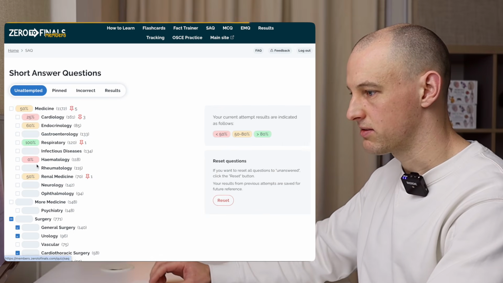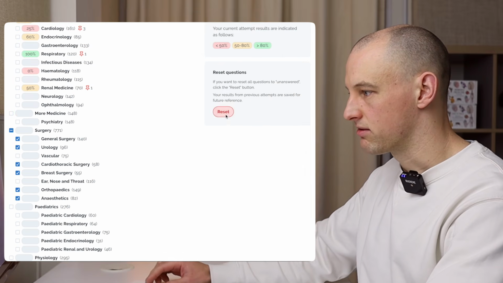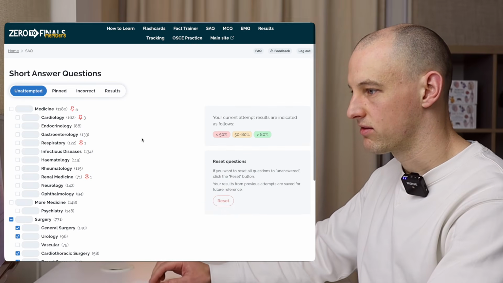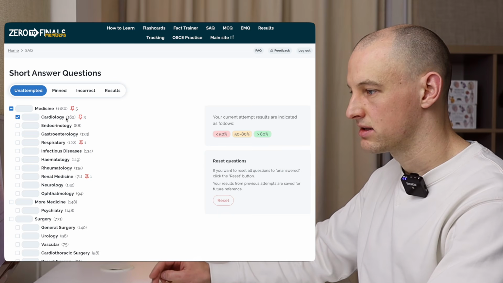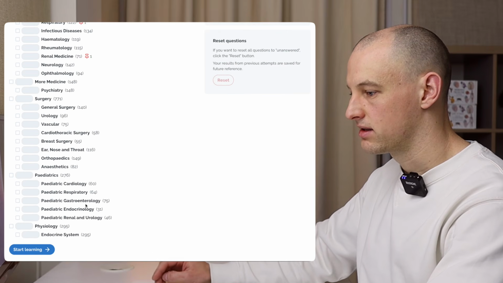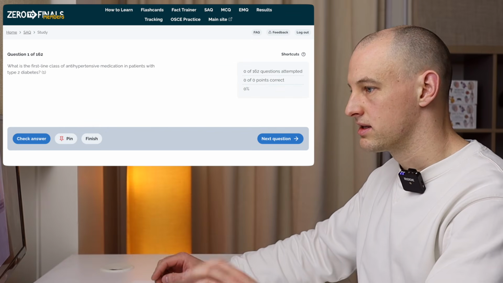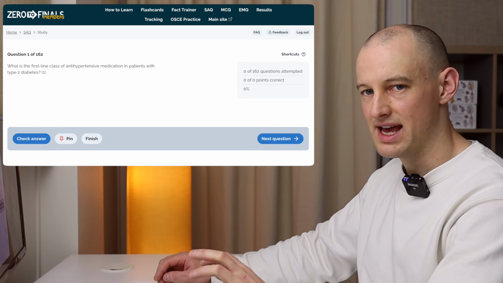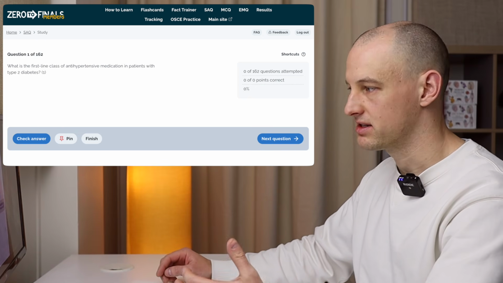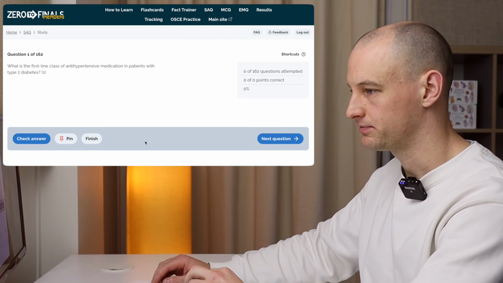Click on the short answer questions. I'm just going to reset this, so we're going from a blank slate. And we're going to select cardiology questions and get started. So let's start going through some questions. Remember, we're going to do 10 to 30 questions to prime ourselves and know where we're up to.